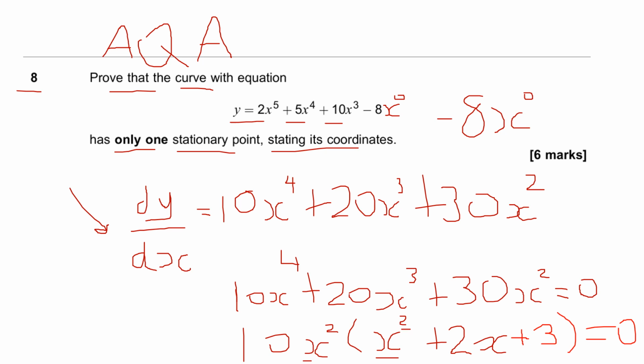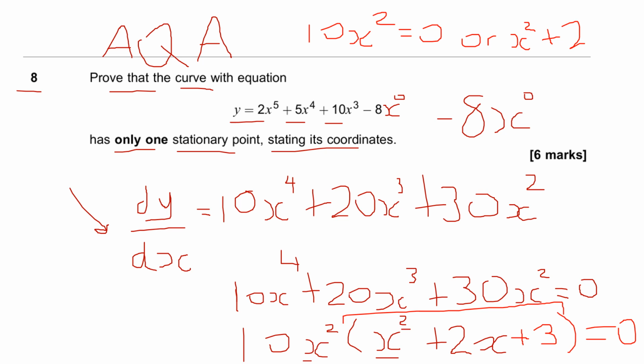Another thing you can see from here is that this quadratic has no real solutions, because the discriminant is less than 0. So we have either 10x squared equals 0, or the quadratic equals 0. I don't want to delve too much into why, but if you try to complete the square or use the quadratic formula, you will get the square root of a negative number, which I can't actually solve.